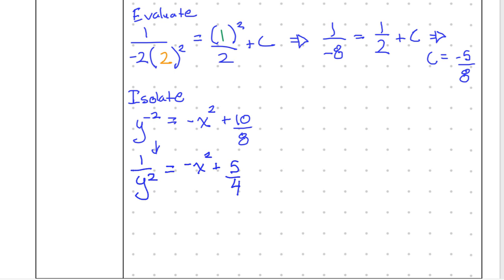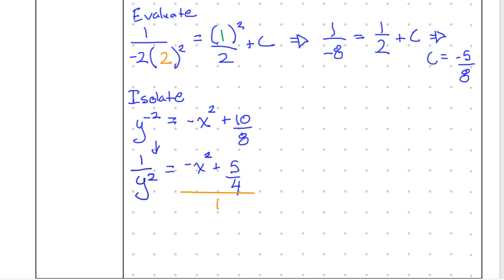So the problem here is, again, I have something in the denominator, which means whenever I have something in the denominator, I need to cross multiply. So this whole thing over 1, and then cross multiply it. 1 times 1, and this y squared. And another way of doing this, and here's the trick, is you just take the reciprocal of both sides.